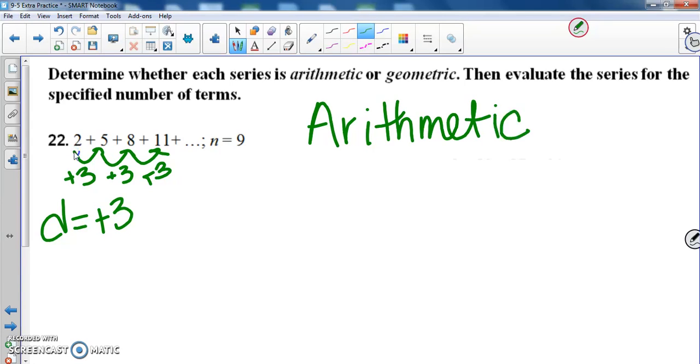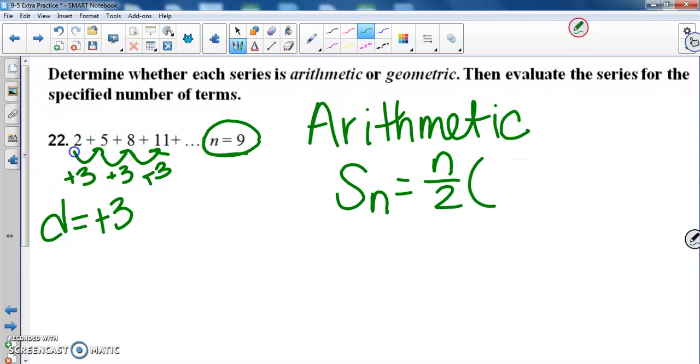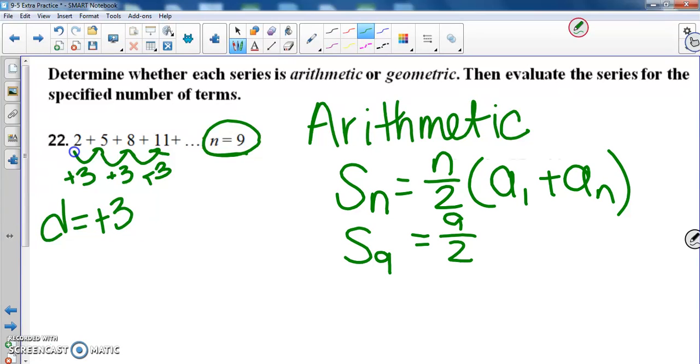If it's arithmetic, I'm finding the sum of the first 9 terms. Therefore, I'm using the sum formula, which is equal to n over 2 times a sub 1 plus a sub n. So the sum of the first 9 terms is equal to 9 divided by 2 times a sub 1 is 2 plus a sub n. We don't have the 9th term, so I can plug that into my explicit formula.